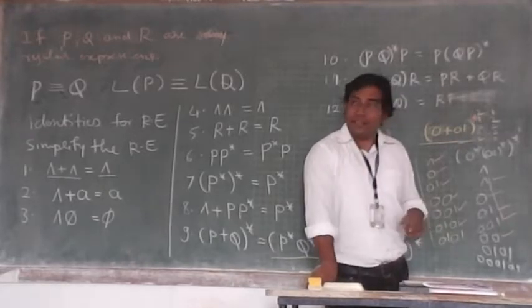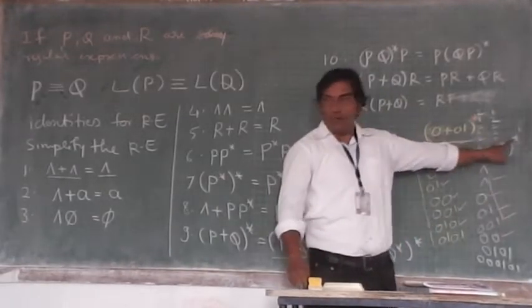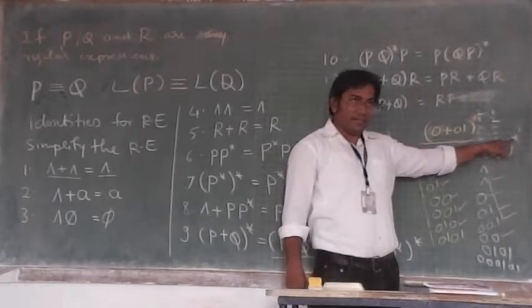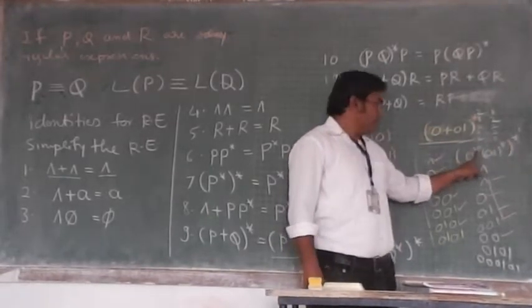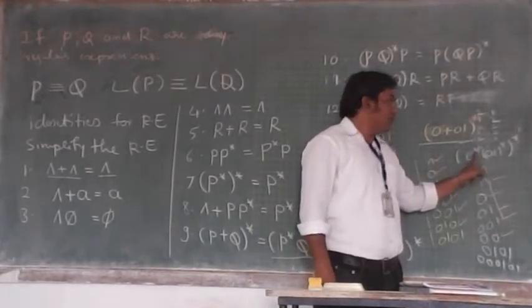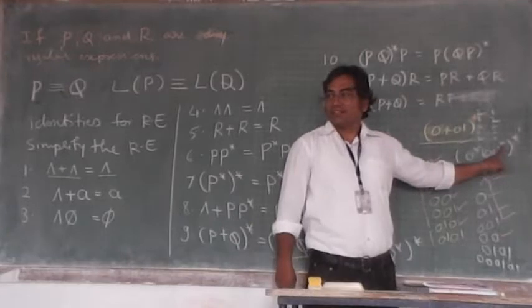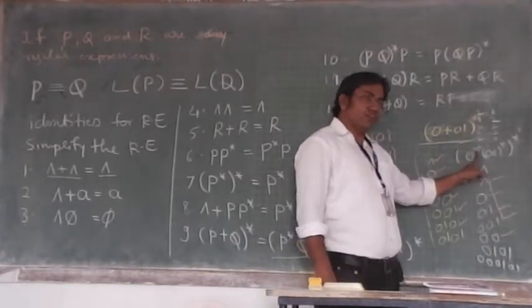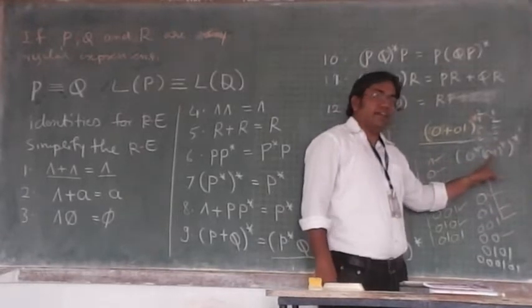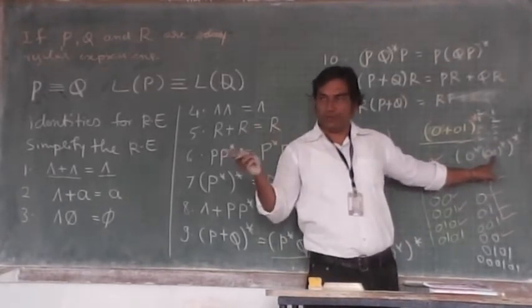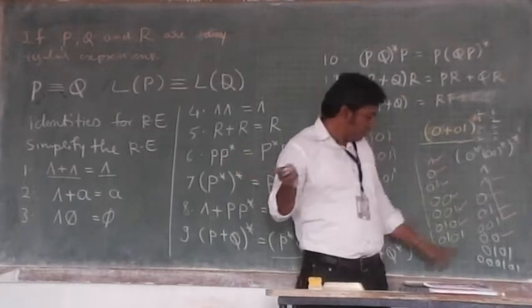Another way, I consider the outer bracket as a 2 where I will get entry for 2 times in this bracket. In the first entry, I consider this as a 0 and this as a 1. I produce 0 1. In the second entry, again I consider this as a 0 and this as a 1. I again get 0 1. So in this way I can get the total string as 0 1 0 1. Okay.